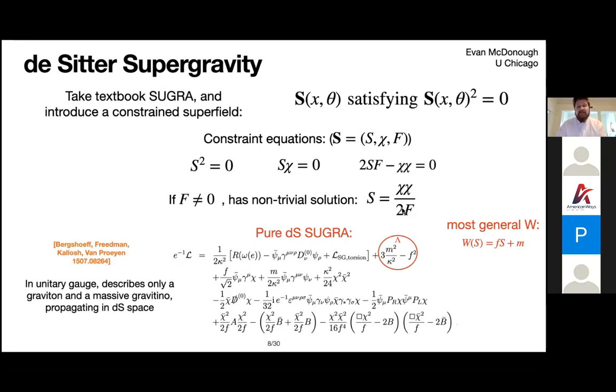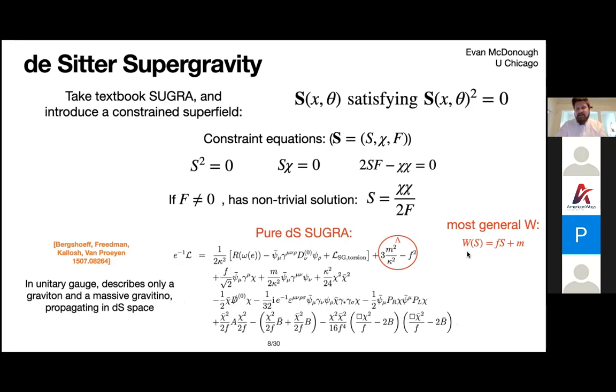Now, if I plug this solution back into the Lagrangian, what I end up with is a theory with a cosmological constant, and the vacuum state, the ground state of this theory, is de Sitter space. When I go to unitary gauge, so that the gravitino eats the Goldstino, the theory describes only a graviton and a massive gravitino, propagating in de Sitter space.